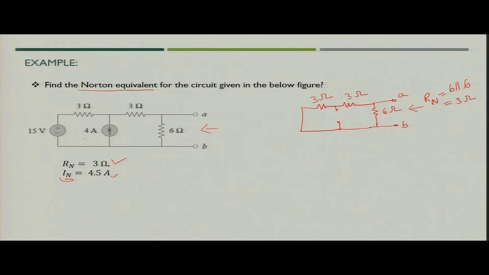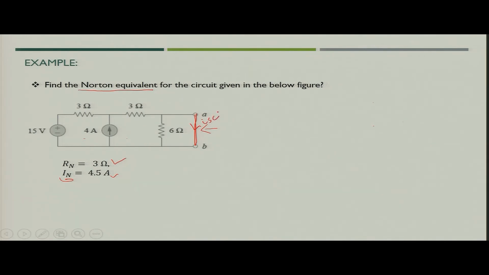Now, the next task is to find out the value of Norton's current. So, what will you do? Let us do the calculation of Norton's current with the help of the circuit. We will just simply short circuit the terminal A B. So, the circuit would be, let us apply here the short circuit current. So, here you have short circuit current ISC.